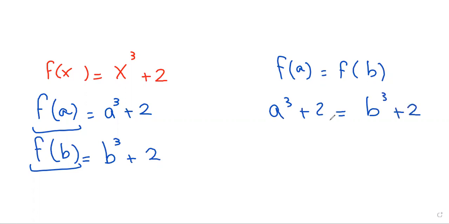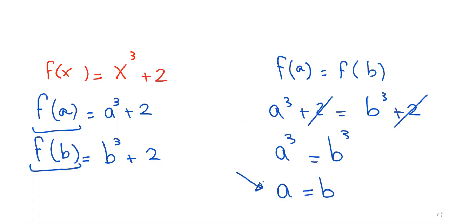What is a? What is b? They are values in the domain. I don't care about them, and I equate f of a with f of b. Then we cancel 2 and 2 and end up with a cubed equals b cubed. By taking the cubic root of both sides, we end up with a equals b. Because we ended with a equals b, this function is one-to-one.